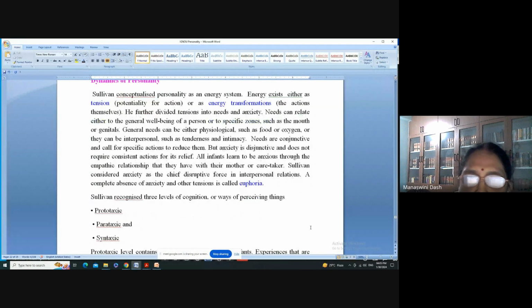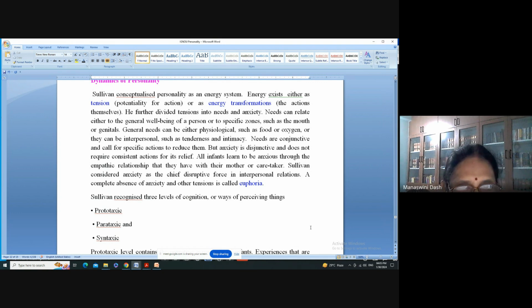And Sullivan talks of needs and anxiety. Needs can relate to the general well-being as well as specific body zones such as mouth or genitals. General well-being needs are psychological.